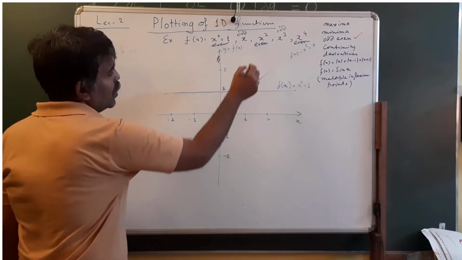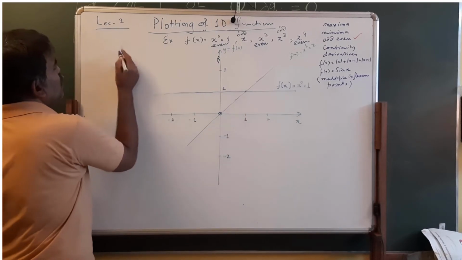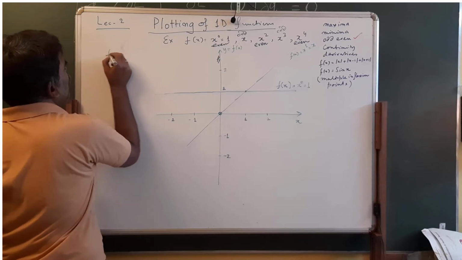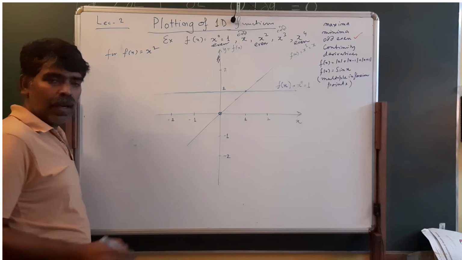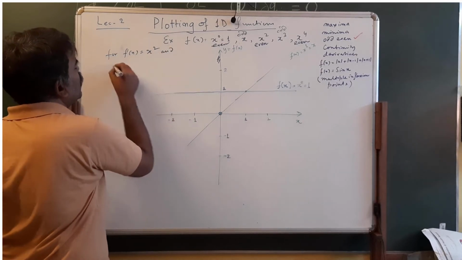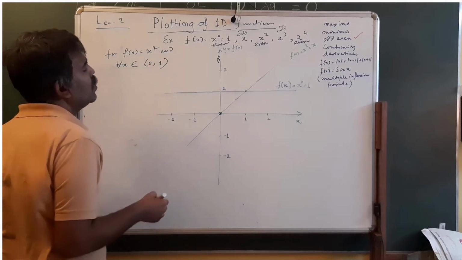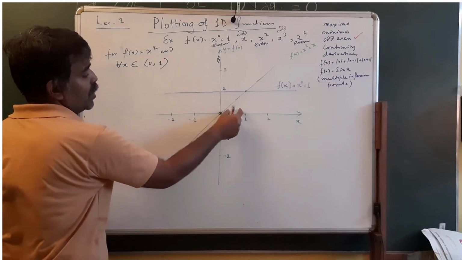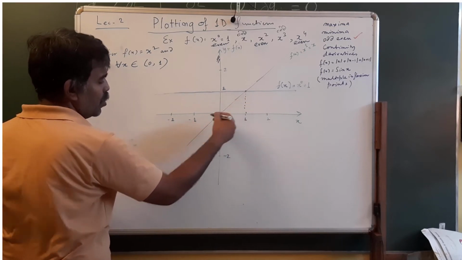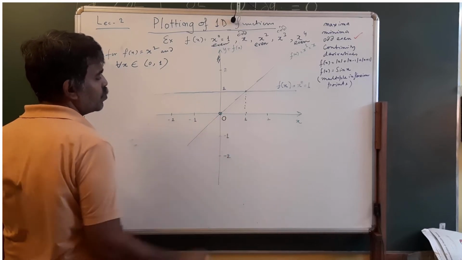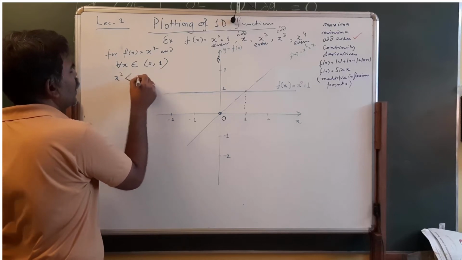Now see, between 0 and 1, the very important thing is, for f(x) equals x squared, for all x belonging to the open interval 0 and 1, in this small interval between 0 and 1, not including 0 or 1, x squared is always less than x.